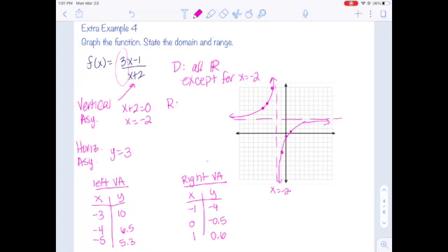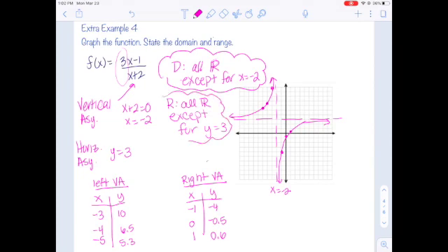That's an R. And then the range, we know, includes all real numbers except for our horizontal asymptote of y equals 3. So all real numbers except for y is equal to +3. And there you have it.